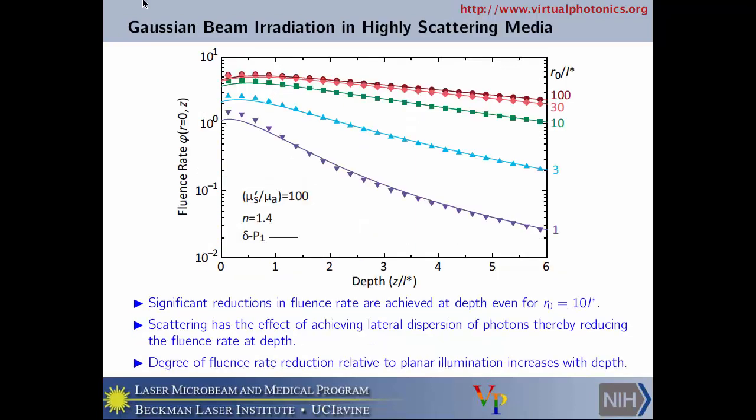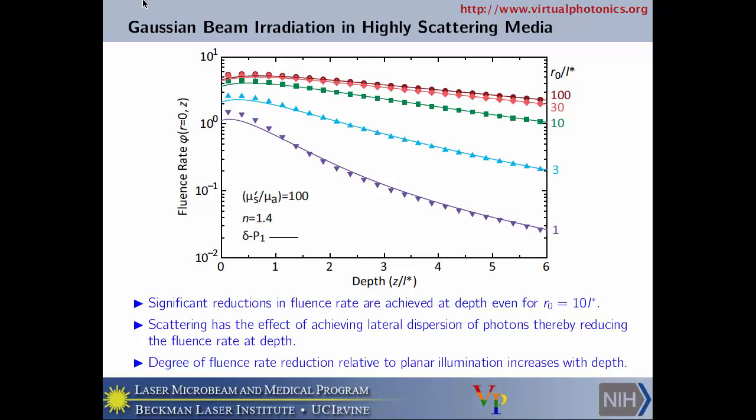Okay, so now we're going to look at narrow beams. As I mentioned yesterday in our discussion after our computational labs, as you start from a pencil beam and increase the beam diameter, your penetration should increase.